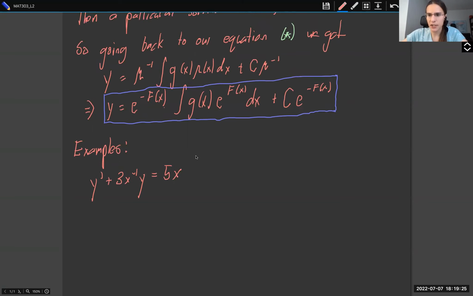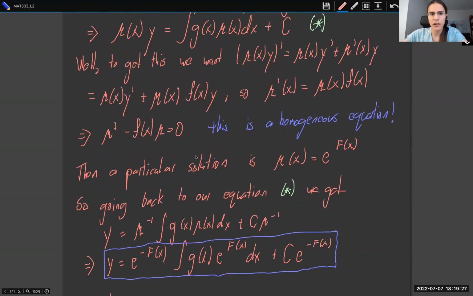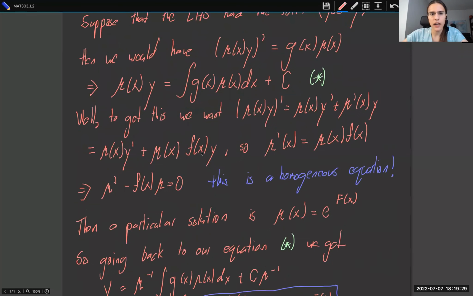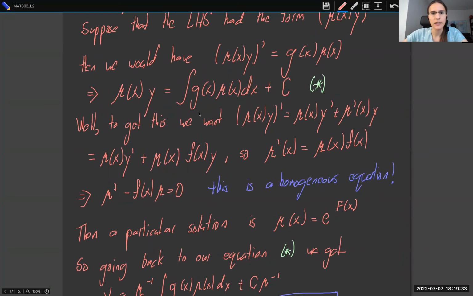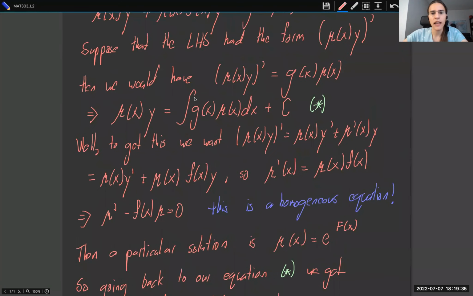Notice that the integrating factor that we're getting here is solved from the equation mu prime of x is mu f of x, right? So the integrating factor doesn't actually depend on g. The integrating factor depends only on the data of the homogeneous problem, which is something that I find interesting, right?